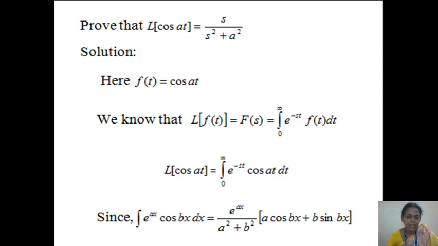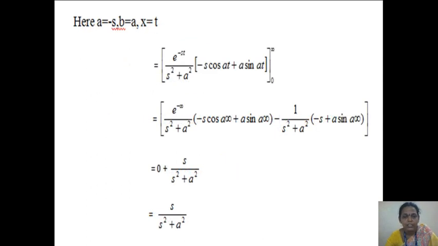Since the integral of e power ax into cos bx into dx is equal to e power ax divided by a square plus b square into (a cos bx plus b sin bx), comparing these two equations, we get a value is minus s, b value is a, and x is equal to t.